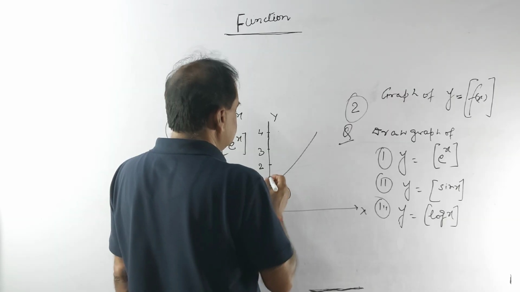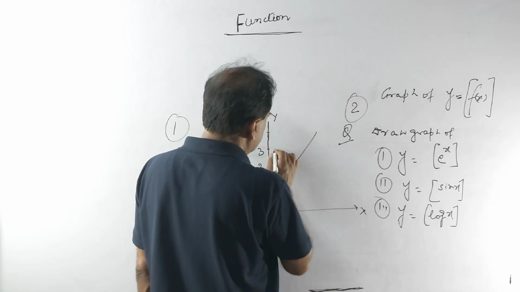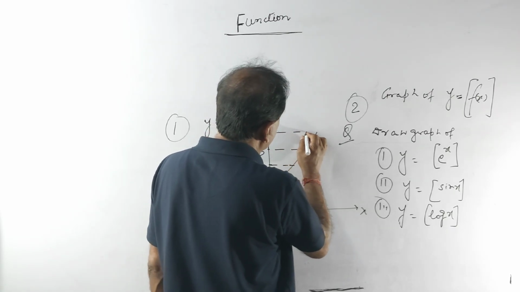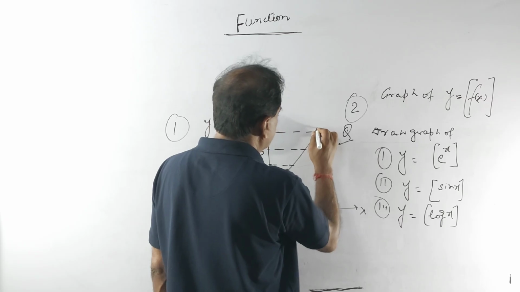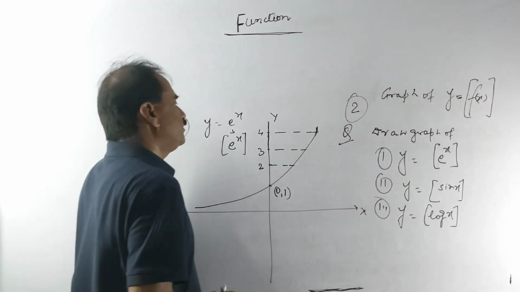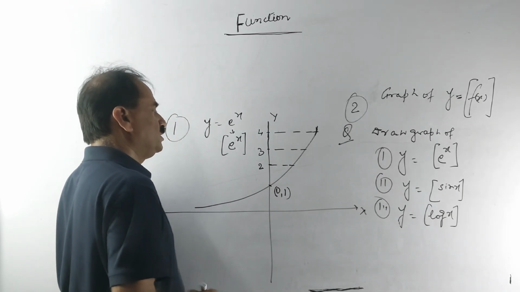From these integral points, draw horizontal lines to intersect the graph of the function. So these are the intersecting points of the graph of y equal to x and the horizontal lines from the integral points on the y axis.